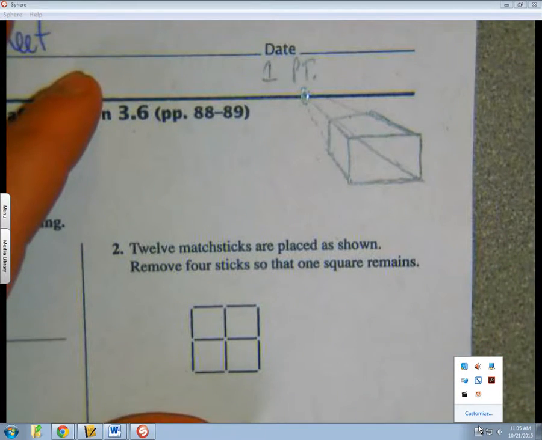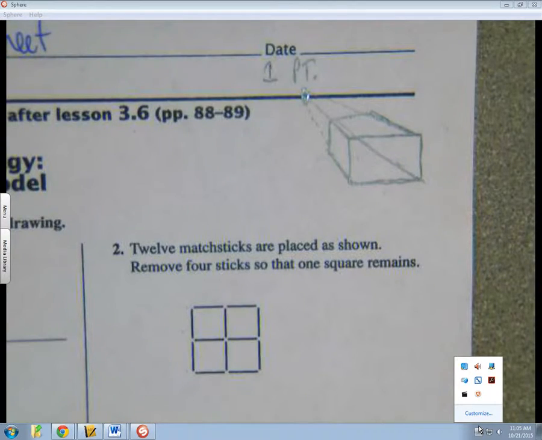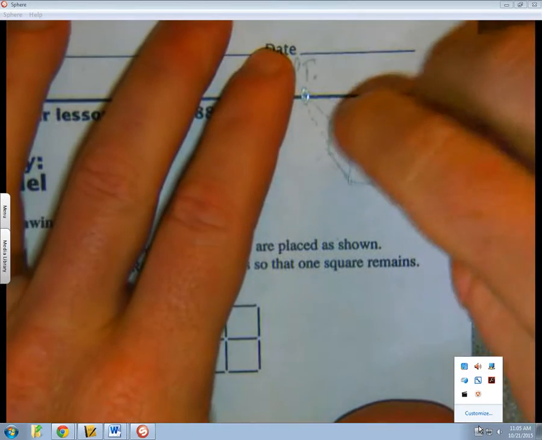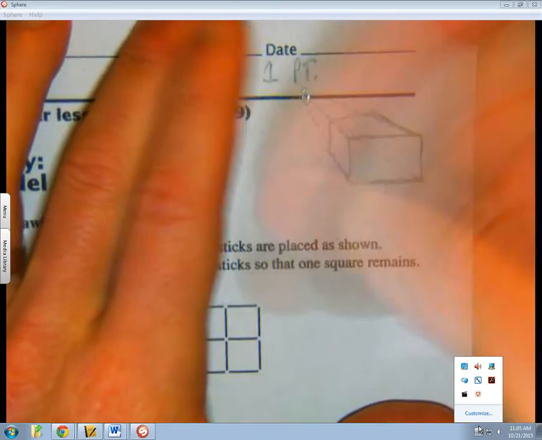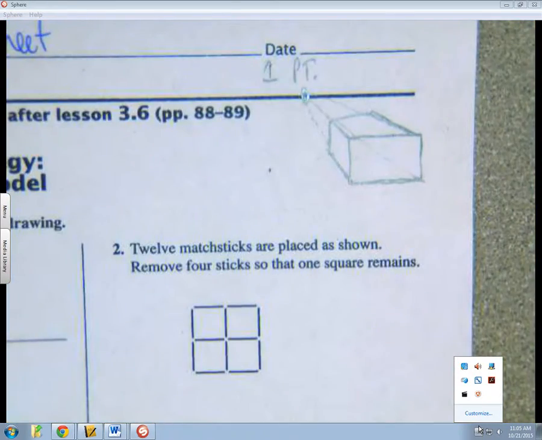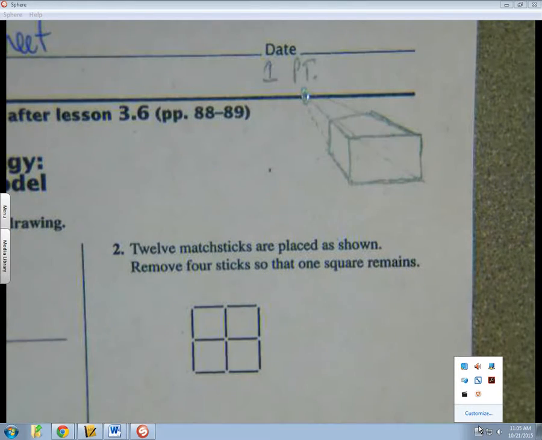Okay, and I might get rid of that right there. Let's get rid of that. So there is 1 point perspective drawing. It's going to 1 point. Okay, so that's how you would do that.